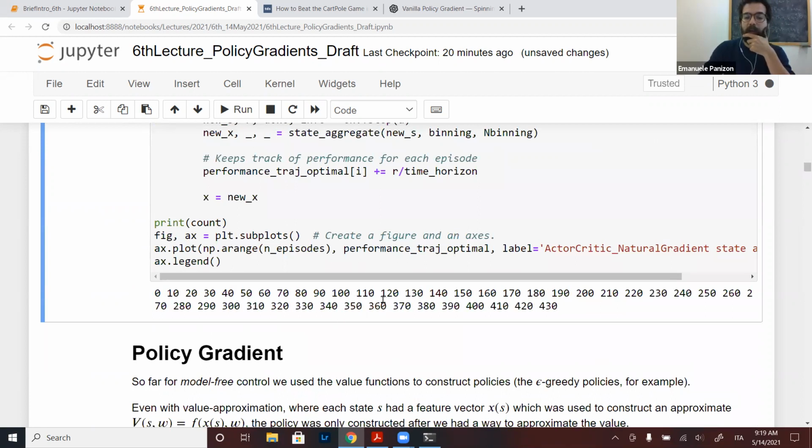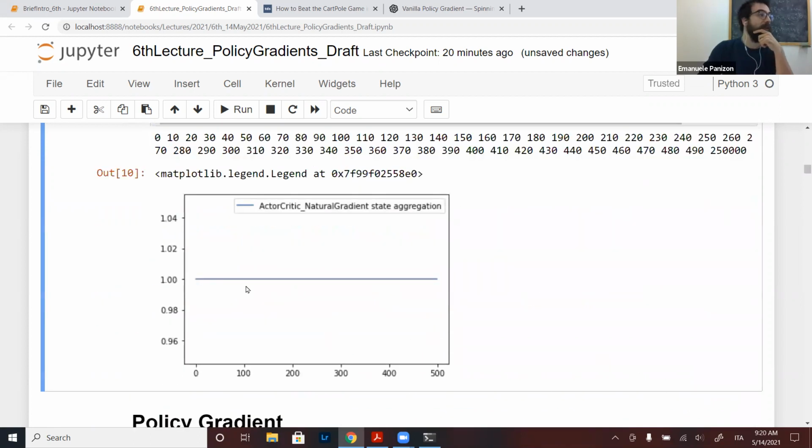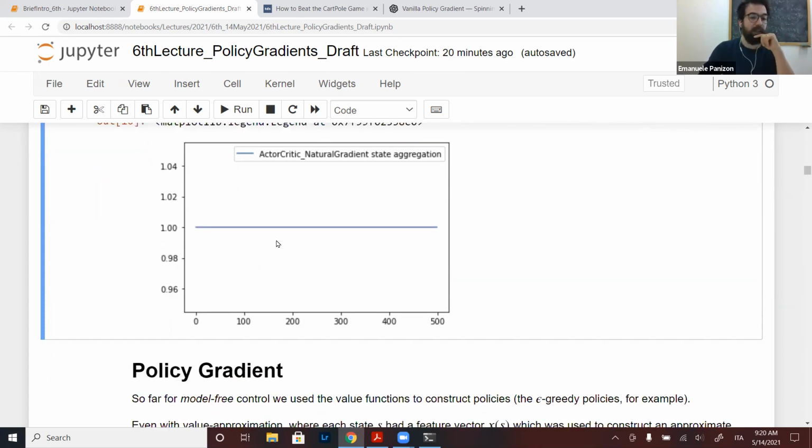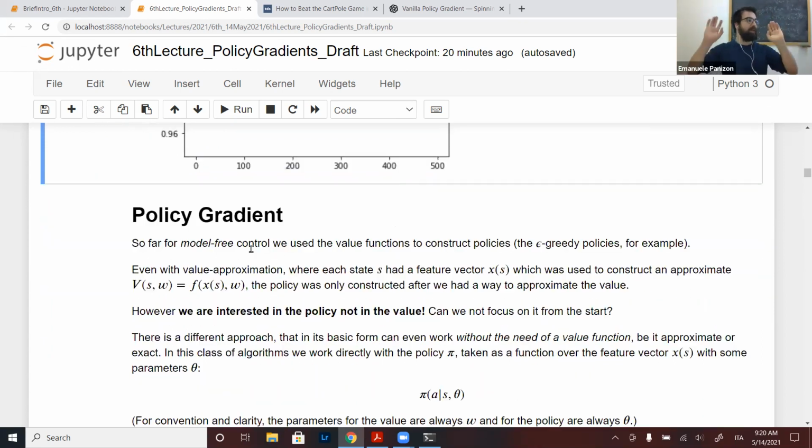But anyway, in 500 episodes, you can see that actually this time, all 500 times, they went up to the time horizon. So it means it's very stable. Other times I found that once or twice they fall, because it's still not a perfect state aggregation. But anyway, this is what we want to achieve with all other methods, so we want to arrive at this policy.